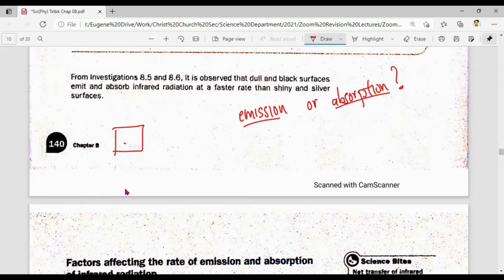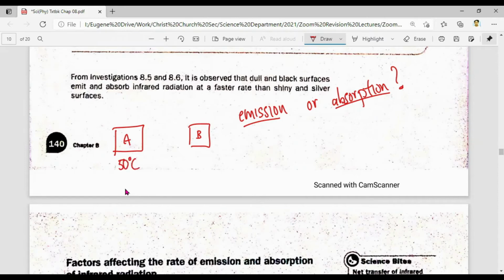So if I've got object A and object B, how do I know which is emitting and which is absorbing in general? It's really about the temperature.